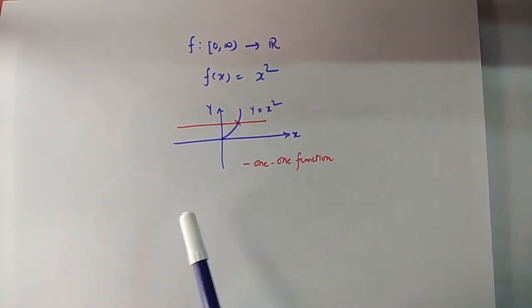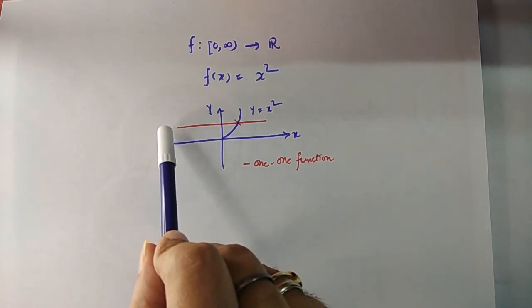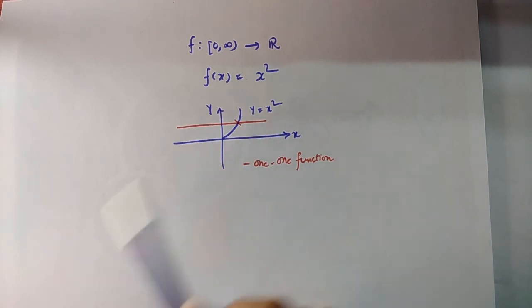Similarly, it should now not be difficult to understand why the function f(x) equal to x square, where x belongs to the semi-closed interval 0, infinity, is a 1-1 function, because any straight line parallel to x-axis is going to intersect the graph in at most 1 point.